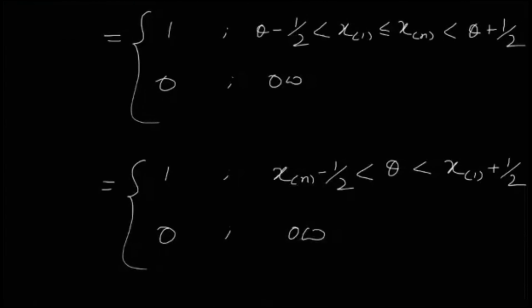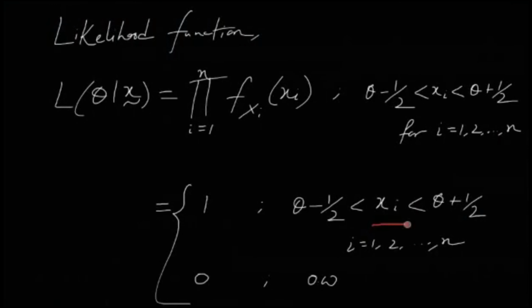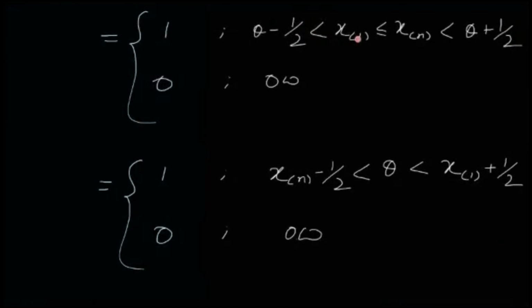Now, this can be written as theta minus half is less than or equal to X order 1, less than or equal to X order n, which is less than theta plus half. If each of the sample values xi belongs to this interval, it is equivalent to saying that the minimum of them is greater than this and the maximum of them is less than this. Just rewriting this part, we get theta is less than X order 1 plus half, and rewriting this part, we get theta is greater than X order n minus half.